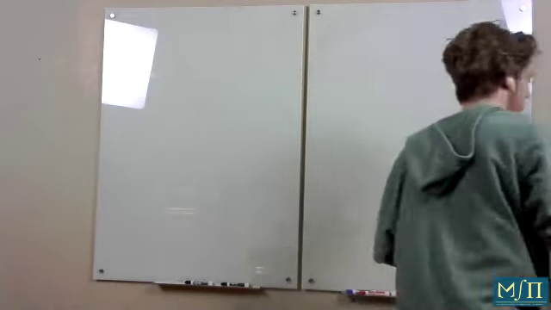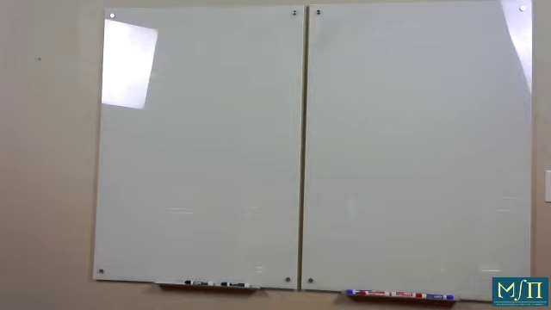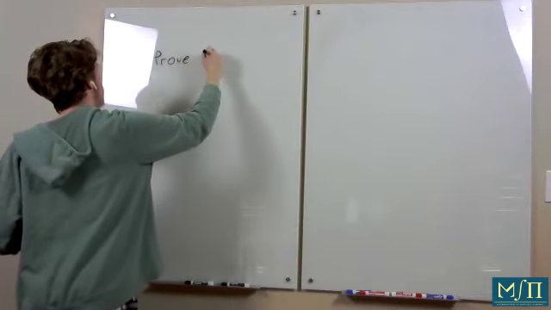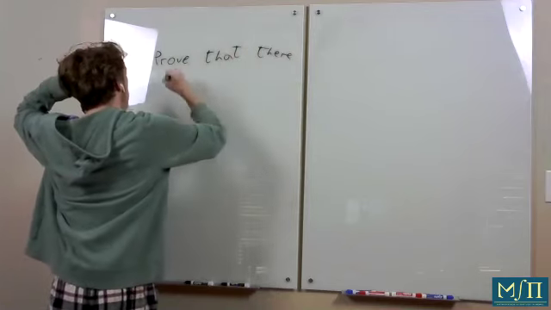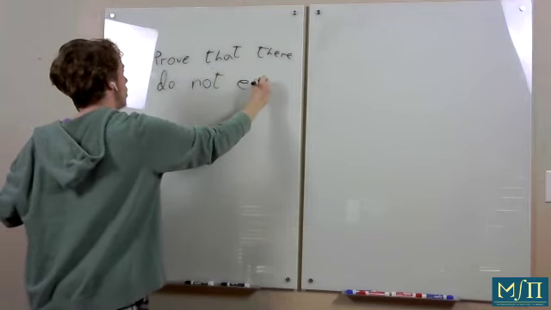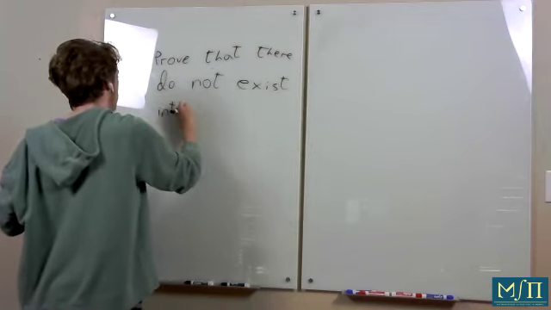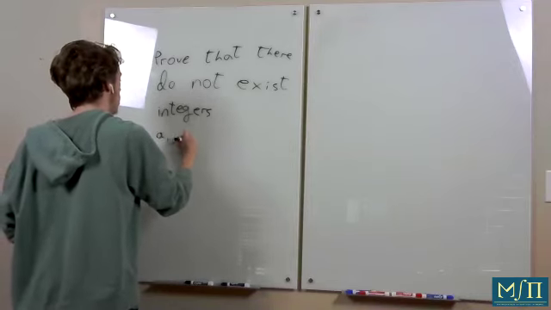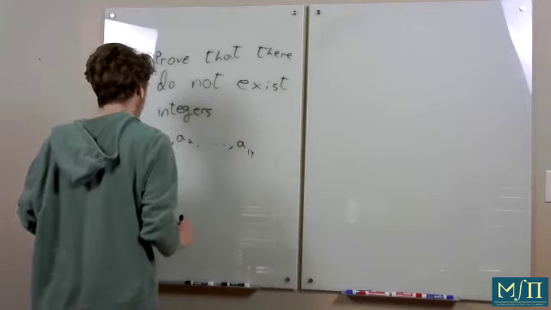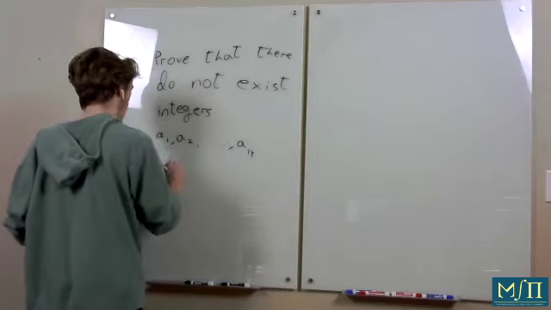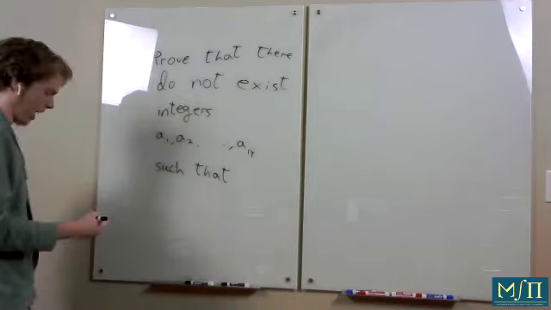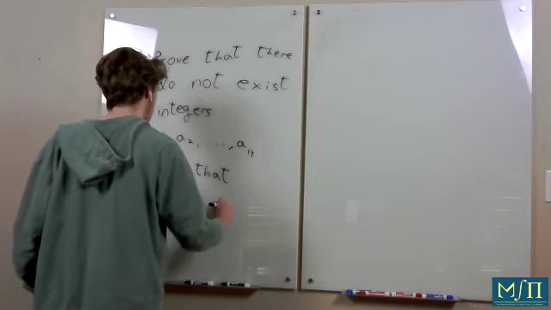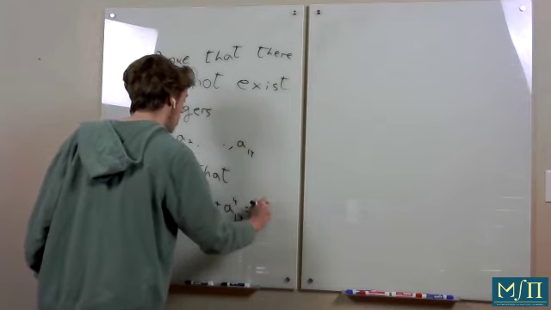The problem: prove that there do not exist integers A1, A2, up to A sub 14, such that their fourth powers sum to 1,599.